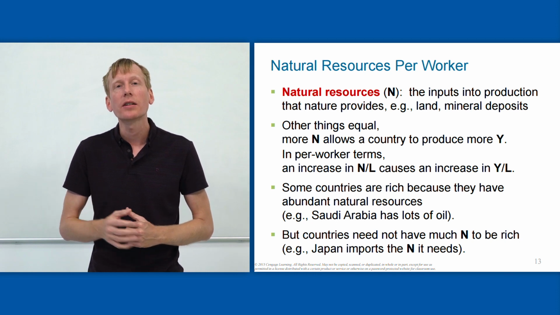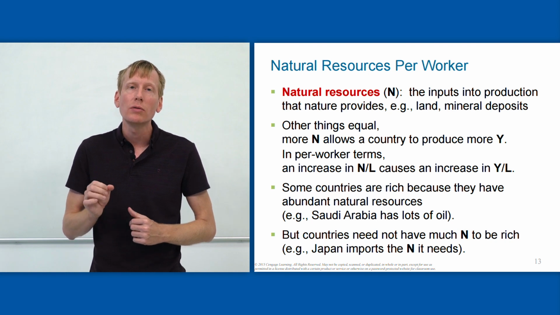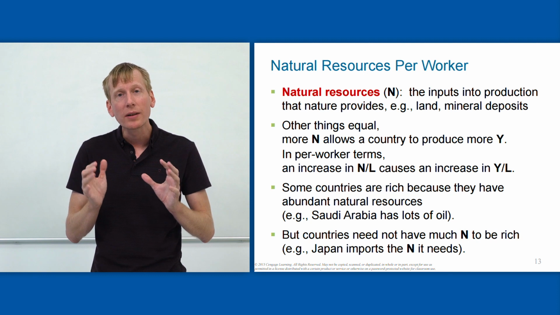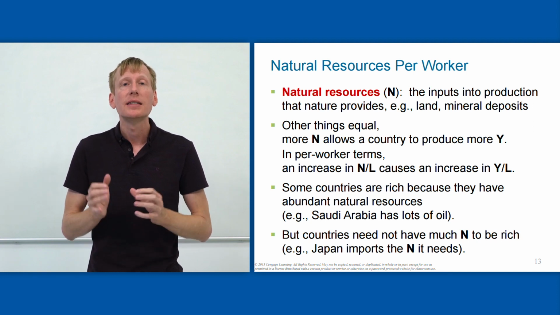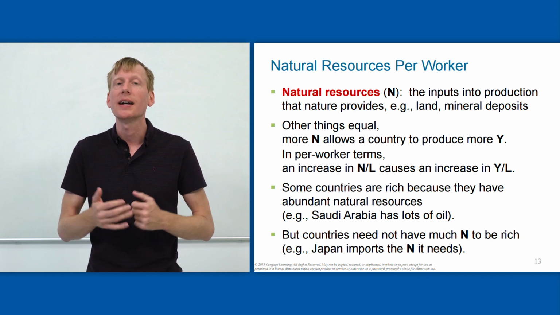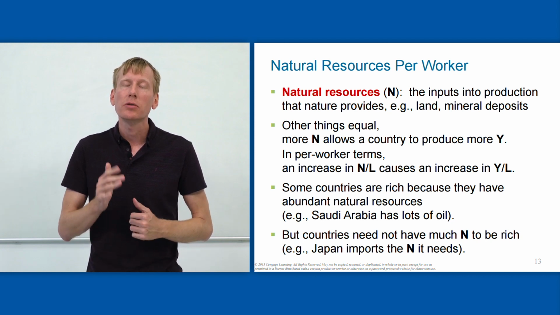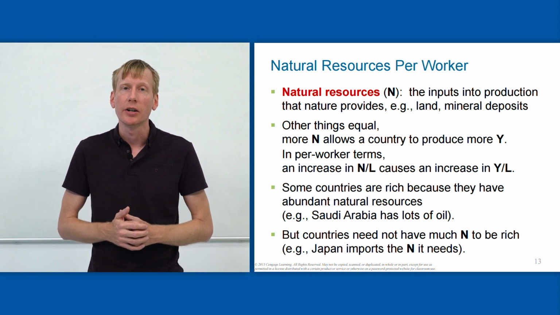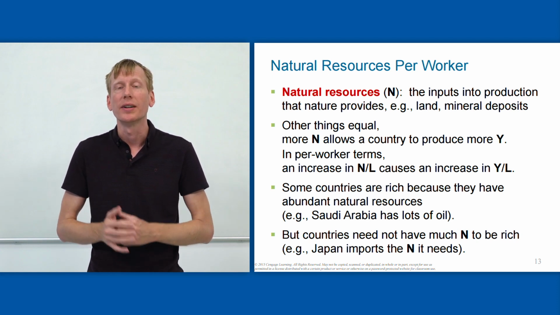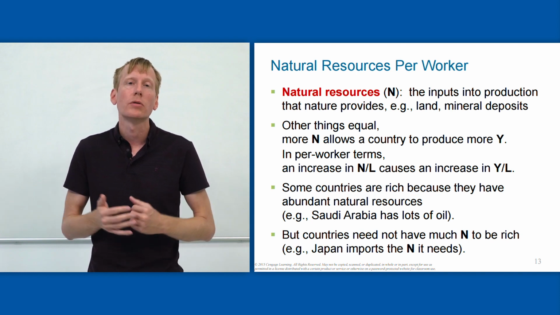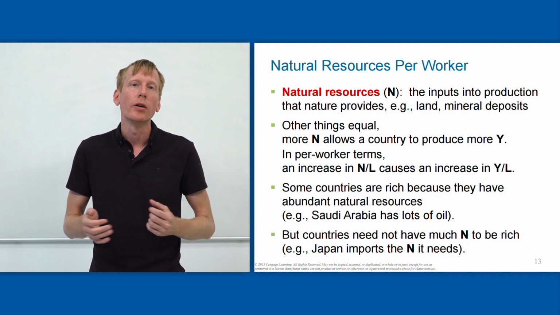And these are rich countries with high labor productivity in spite of the fact that they do not have natural resources. However, Saudi Arabia is a country with high natural resources and also a high standard of living, where the natural resources that they have are the primary reason that the standard of living in the country, the productivity in the country, is high. Now, all else equal, more natural resources in the economy would be good.